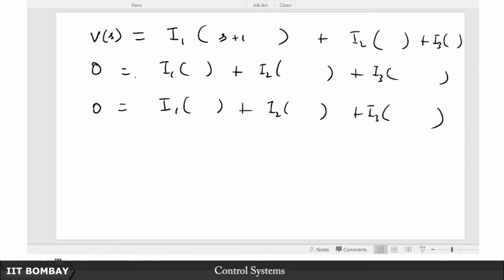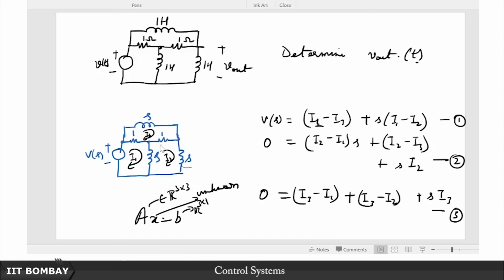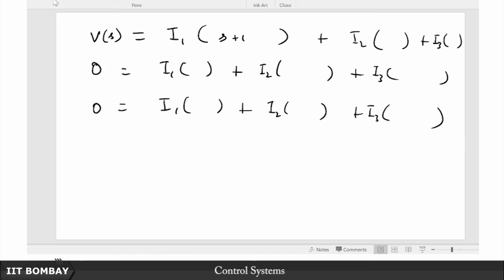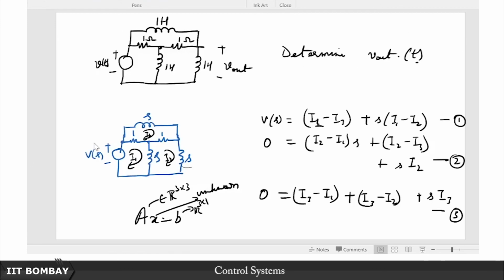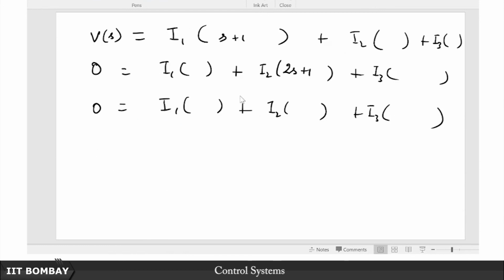Similarly, in the second equation with respect to loop 2 where the current is I2, I am going to just sum together the impedances in loop 2, so this is 2S plus 1. Similarly, in the third equation, I am going to just look at I3, this is S plus 1 plus 1, so it is S plus 2. So I am going to just fill this up with S plus 2.